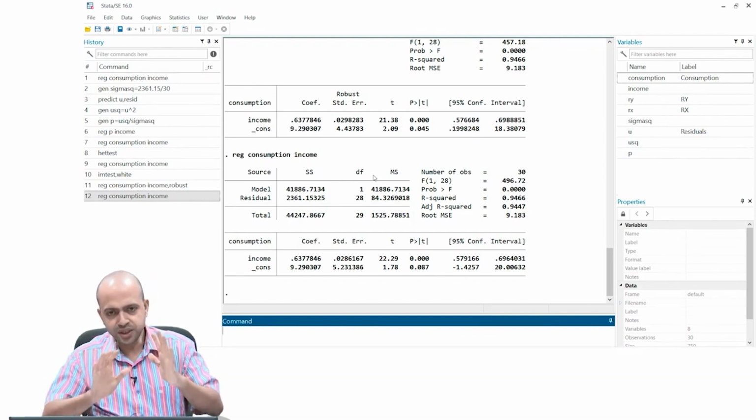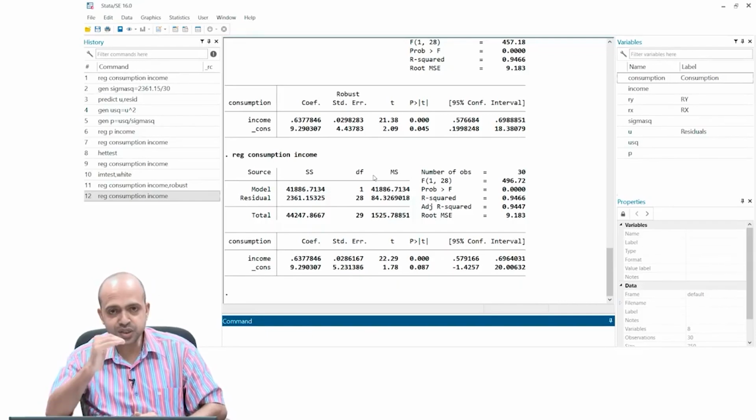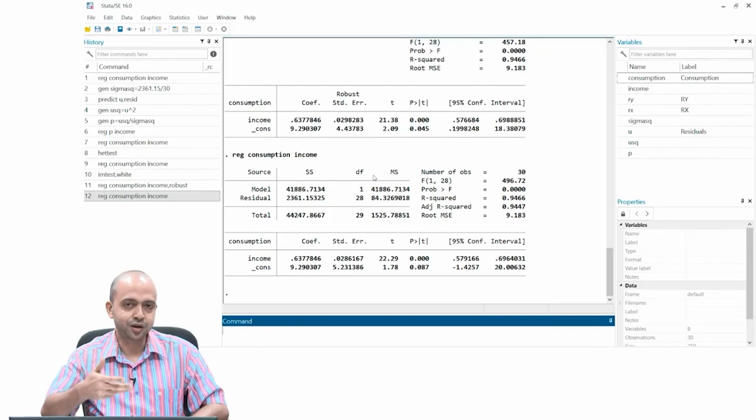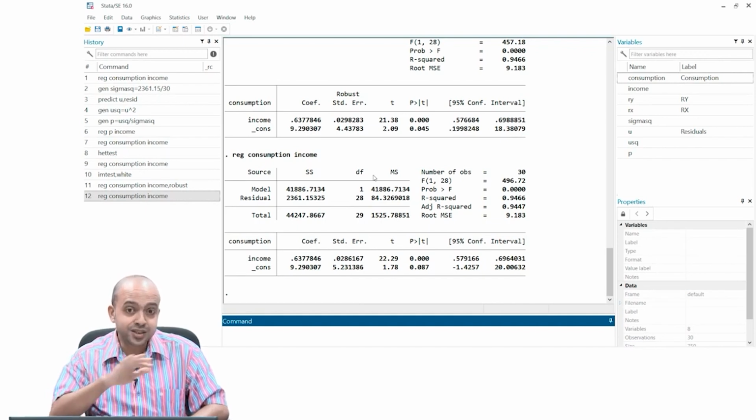So, with this we are closing our discussion on heteroscedasticity. Now, you see we have discussed autocorrelation, multicollinearity, and now heteroscedasticity. That means we have relaxed only 3 assumptions out of 10 we mentioned in the context of the classical linear regression model. That means we assume the other 7 assumptions are maintained.